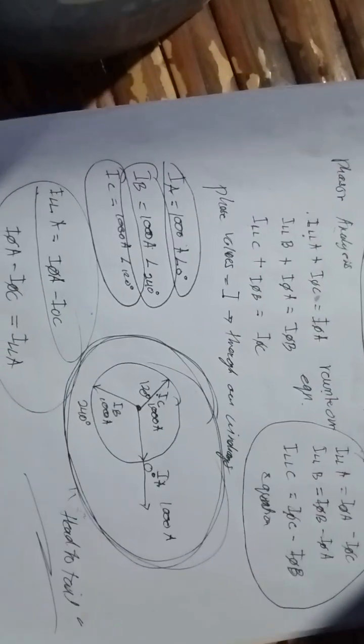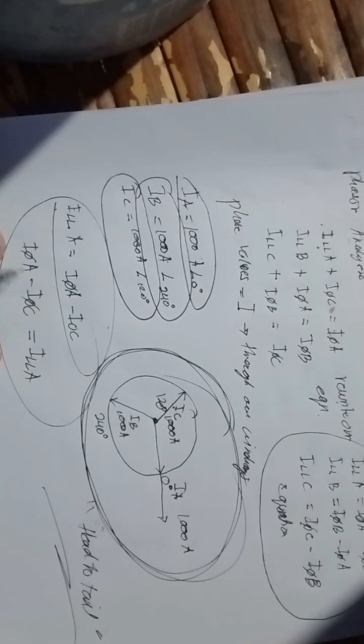So in order for us to get this equation, we will subtract phase A minus phase C.